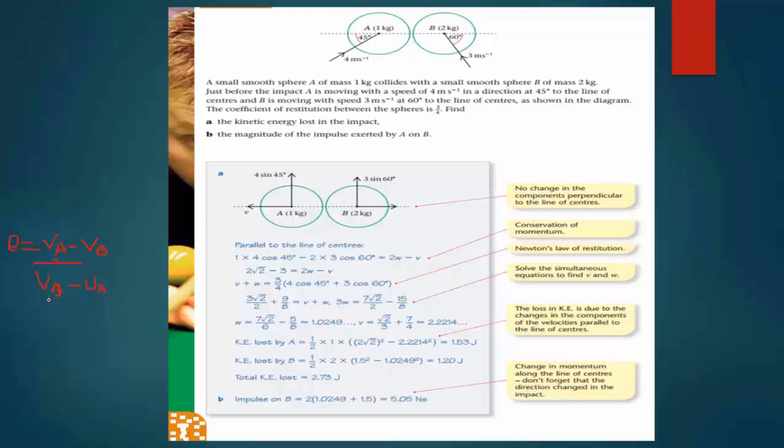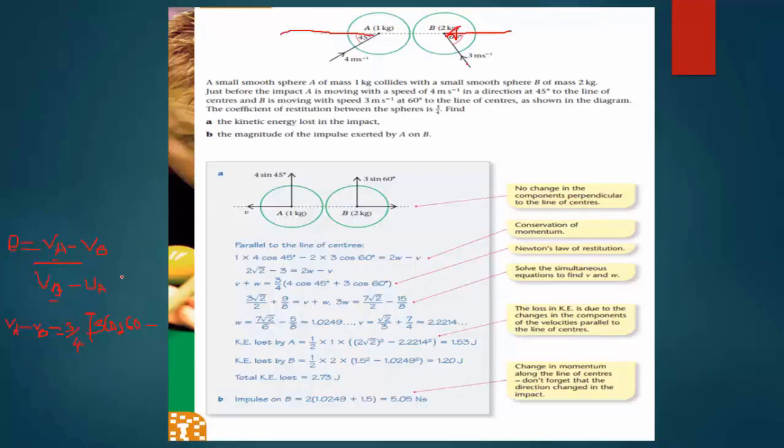Tumeshasema kama hapa ni A, hapa inaanza B, therefore VA minus VB ni sawa na E ambayo ni 3/4 times UB horizontally was acting that direction, 3 cos 60. However, it was minus, since we said that direction is minus.